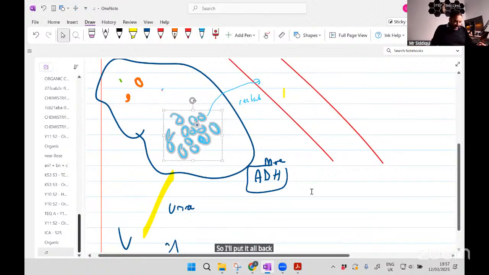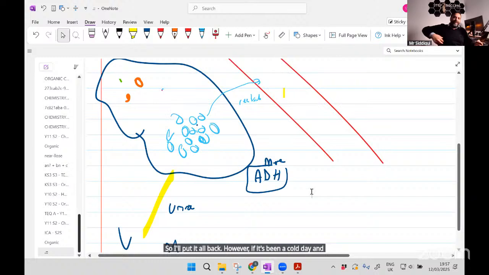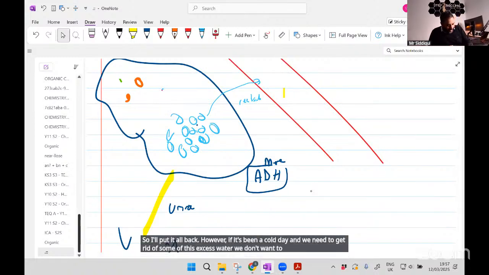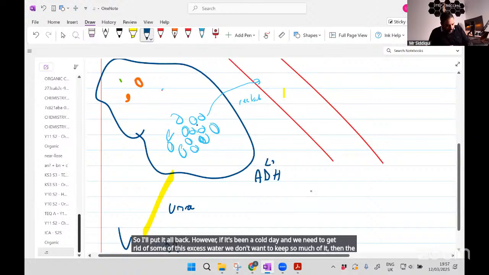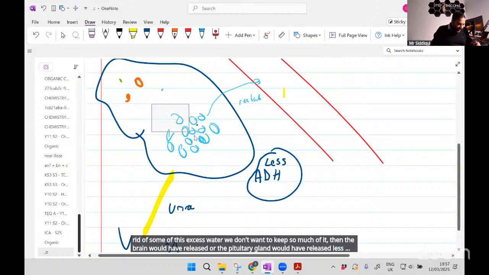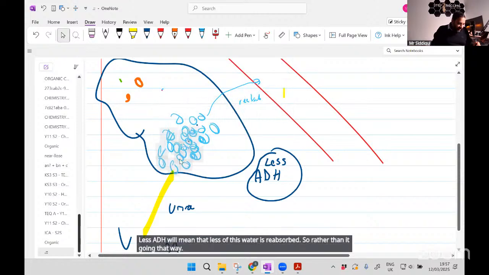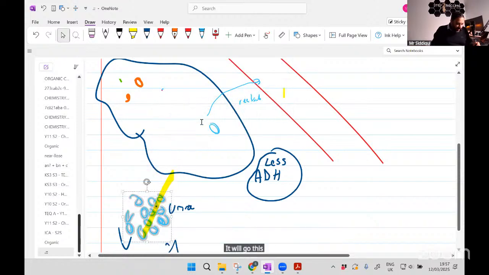However, if it's been a cold day and we need to get rid of some of this excess water, we don't want to keep so much of it, then the pituitary gland would have released less ADH. Less ADH will mean that less of this water is reabsorbed. So rather than it going that way, it will go this way to your urine, and then you might just reabsorb this much.